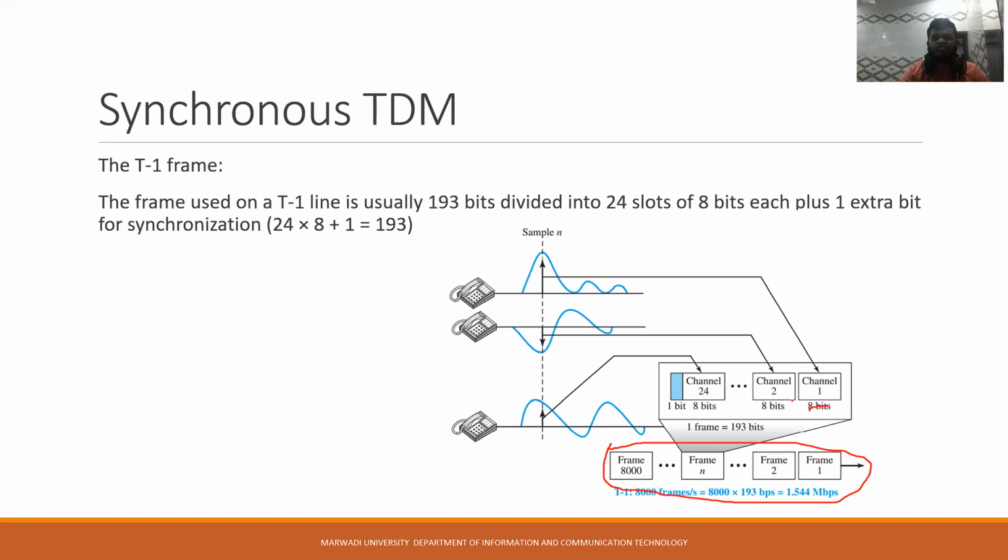So channel 1 has 8 bits, channel 2 has 8 bits, and there are 24 such slots, plus 1 bit as a synchronization bit. So we have 24 slots, each having 8 bits, and 1 extra bit for synchronization. That totals 193 bits. So one frame has 193 bits, and the frame rate is 8,000 frames per second. So 8,000 multiplied by 193 bits per second gives us the data rate of 1.544 megabits per second.